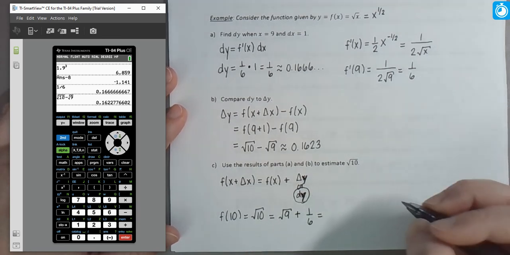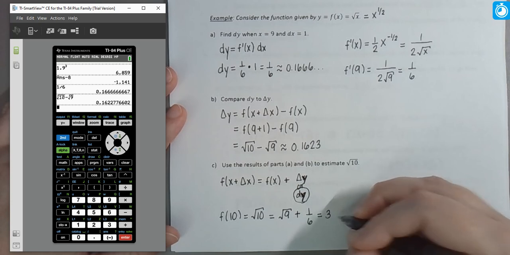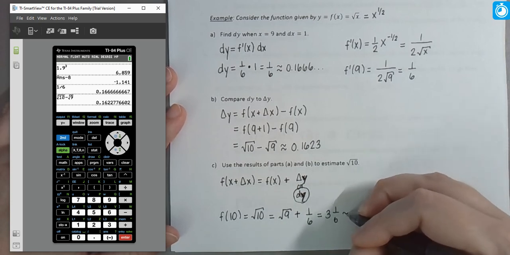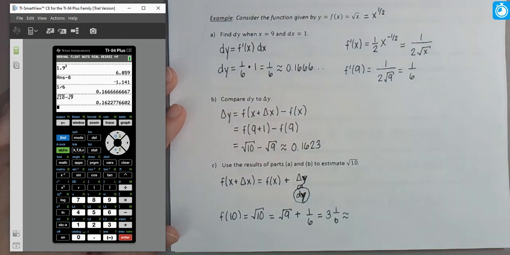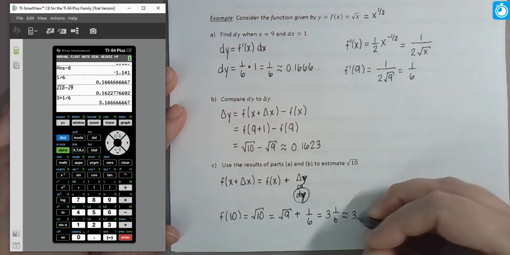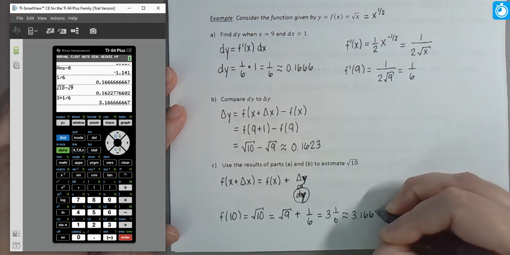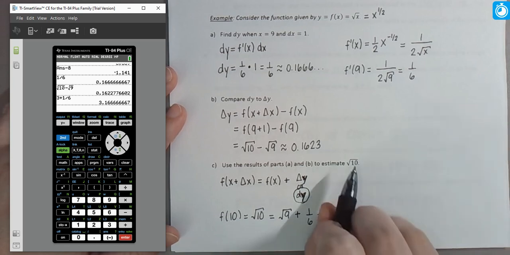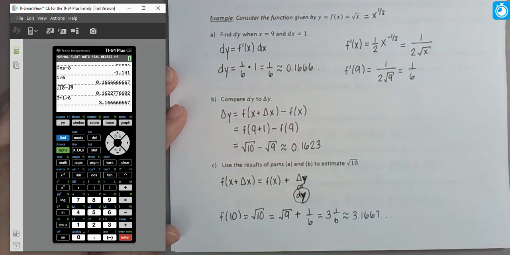So root 9 is 3, 3 plus 1/6, 3 and 1/6. In a calculator, 3 plus 1/6 is 3.166, and it just continues, so technically we want to write that as a 6. This is now an estimation of root 10.